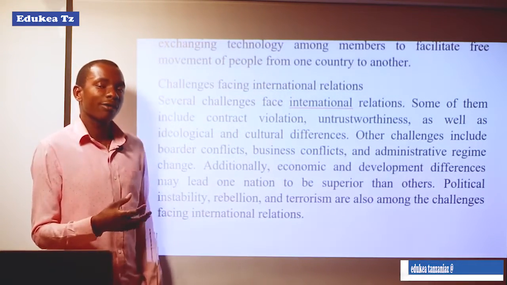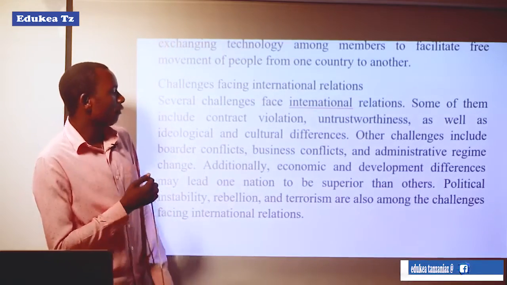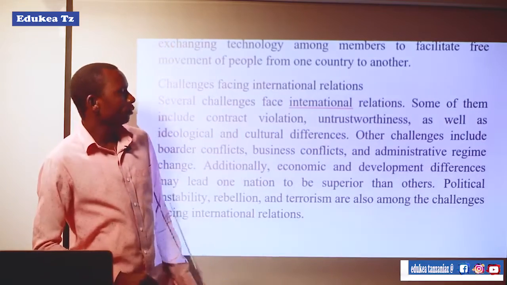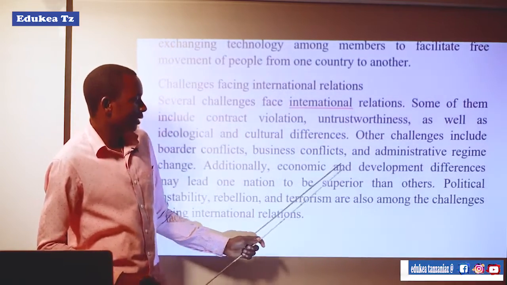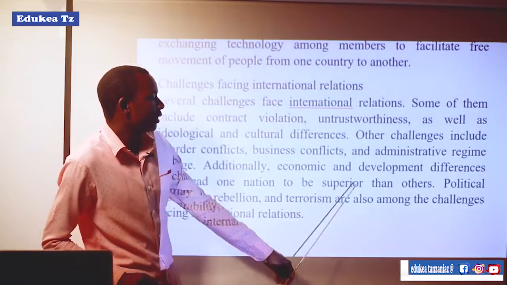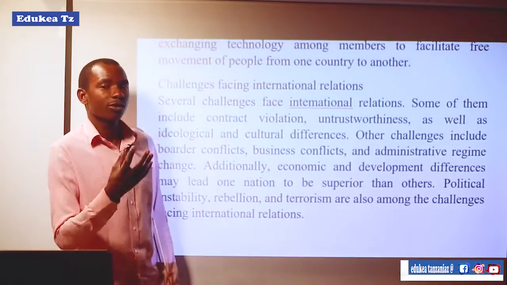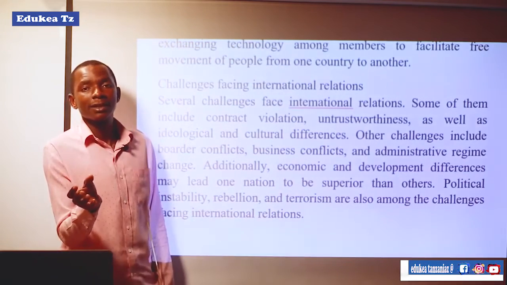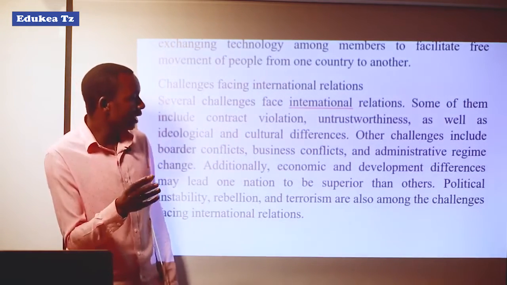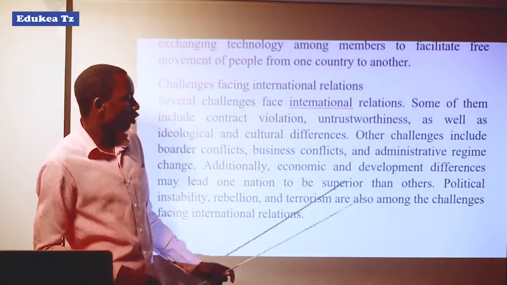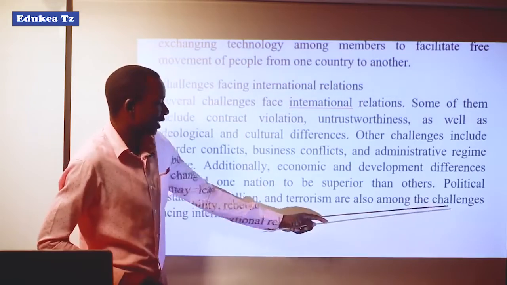We have experienced a lot of border conflicts, and this is another hindrance to international relations. Also, development difference may lead one nation to be superior to another. Some nations consider themselves superior to others, and that can also be an obstacle in international relations.